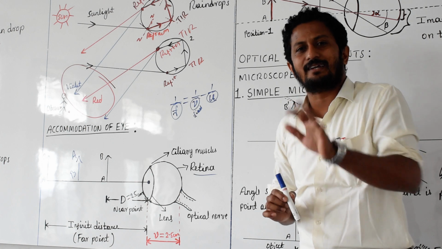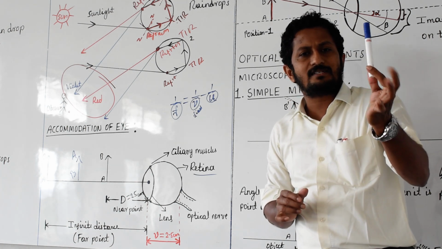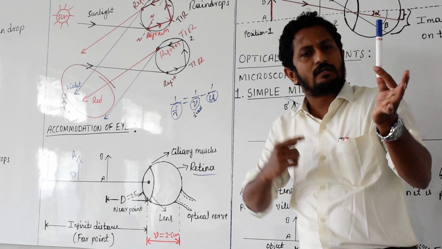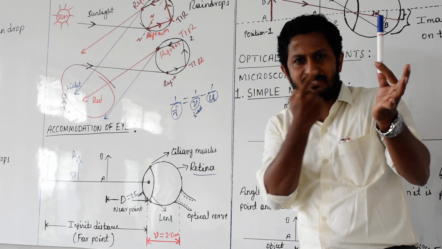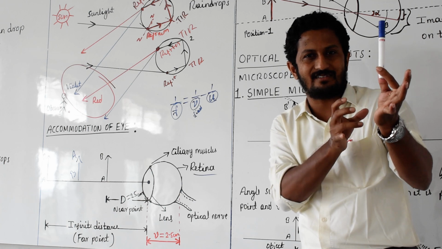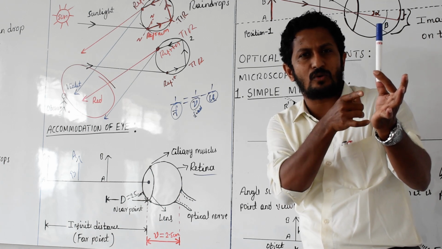Look here, what it means. Now, here there is a marker, and now I can see it clearly. Means what? From my eye, that marker is at a certain distance. Here there is a particular object distance, and I am able to see it. Means what?